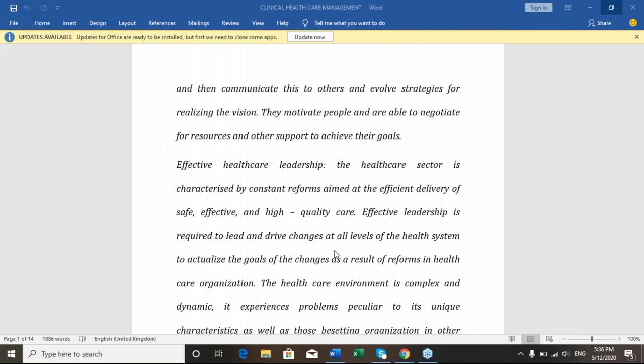That is, after the healthcare sector has undergone constant reforms as a result of interplay of factors within and outside its control, such reforms are necessary to meet the expectation, the yearnings of the people that are expecting the services.